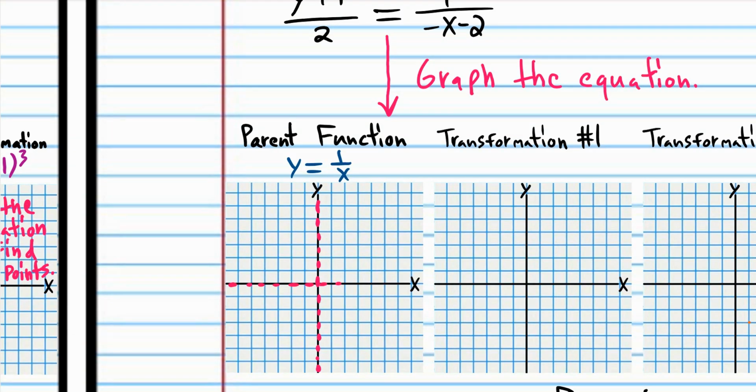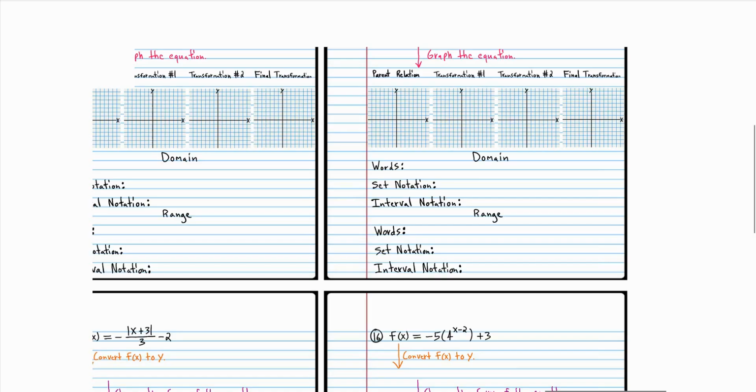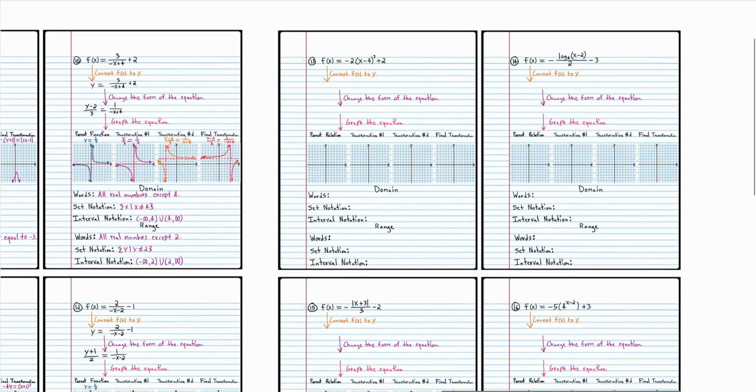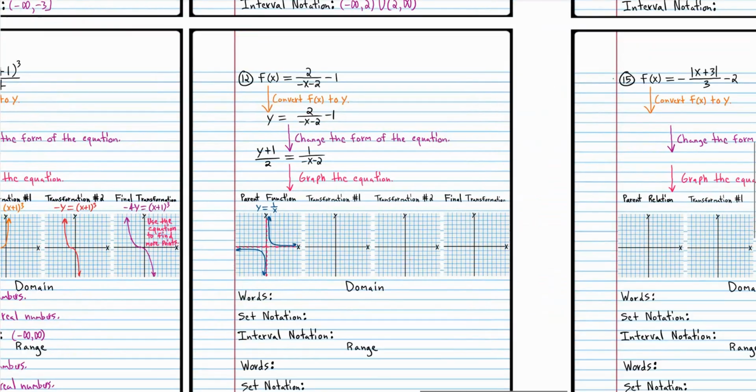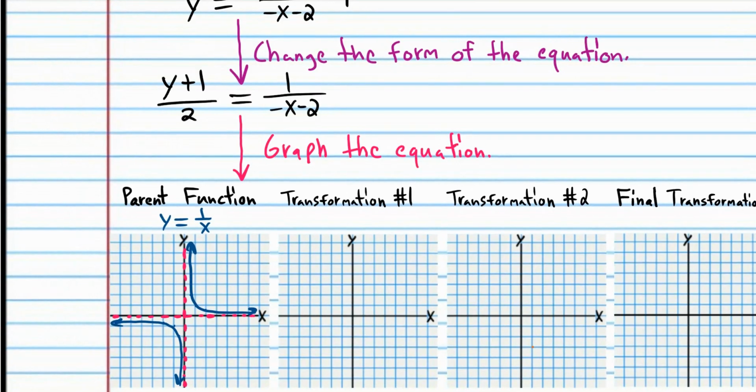You've graphed this many times. And we have our 6 reference points. So you should be able to graph these parent functions very quickly. And now we have to determine what to do next. Do we translate, reflect, or dilate?